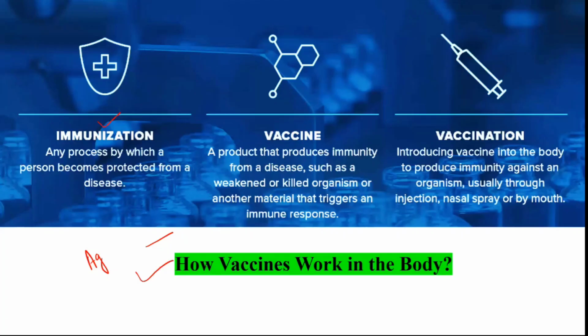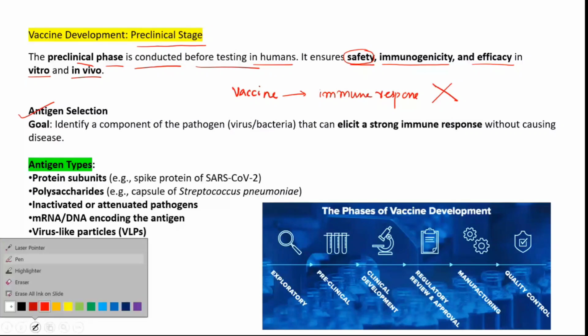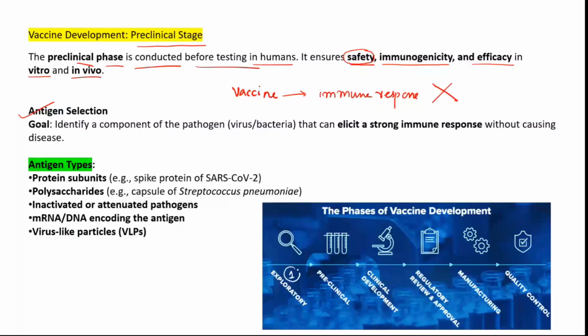Now back to the preclinical stage. So now you should be able to learn why preclinical trials are required. The first step is antigen selection. You can create a story of how vaccines are developed. The first one is exploration, which generally takes place in research laboratories.